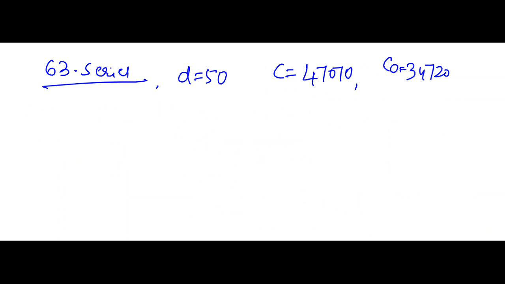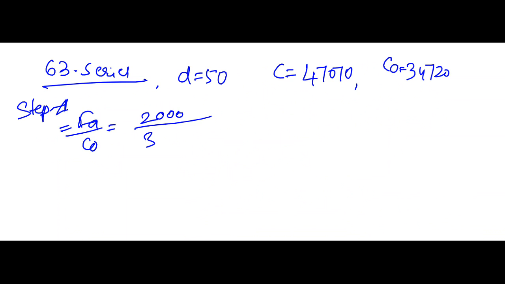Okay. So next we calculate FA by C0. Next repeat step 1 here. So FA is 2 kilonewton. C0 is 34720. Now calculate how much you are going to get.